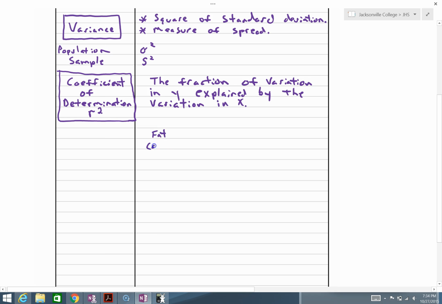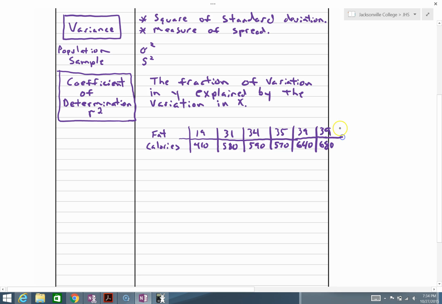Fat and calories. 19 paired with 410. 31 with 580. 34 with 590. 35 with 570. 39 with 640. 39 with 680. And 43 with 660.